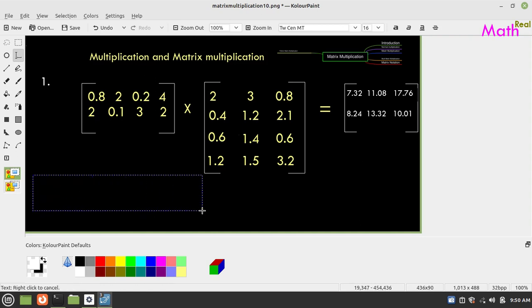Okay, so we have now 0.8 into 2 and 2 into 0.4 and 0.2 into 0.6 and 4 into 1.2, that would come as 1.6 plus 0.8 plus 0.12 plus 4.8, that would come to 7.32.